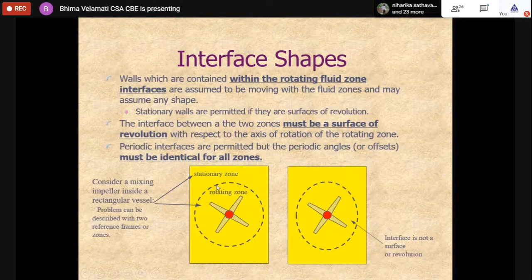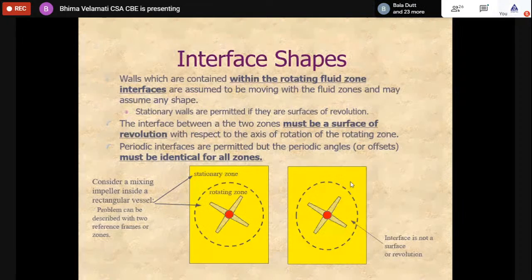That means this interface between the rotating zone and the stationary zone should be circular, or cylindrical in 3D. It cannot be an elliptical shape. An elliptical shape is not a surface of revolution. That is one of the standard things that you need to look at. A surface of revolution has to be such that, if I am rotating with respect to an axis, it should be symmetric.